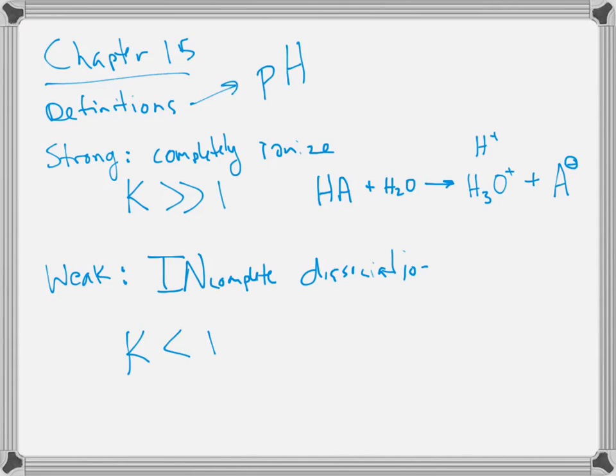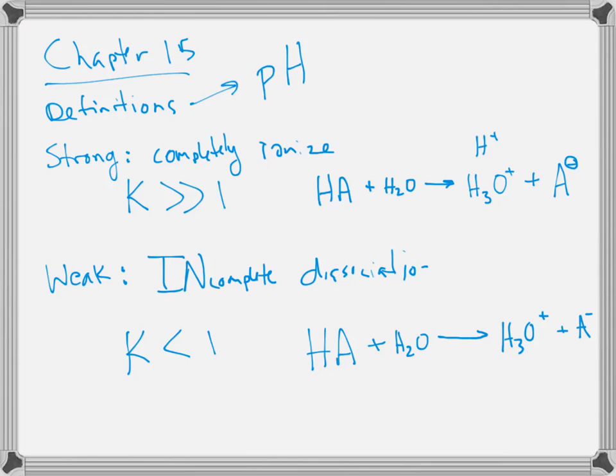Depending on how much less than 1, we'd have to evaluate different things. What does that mean to us as far as drawing out the reaction? If we now take our weak acid and we add it to water, what happens? Going to get to that in a second. We form H3O plus and A minus.